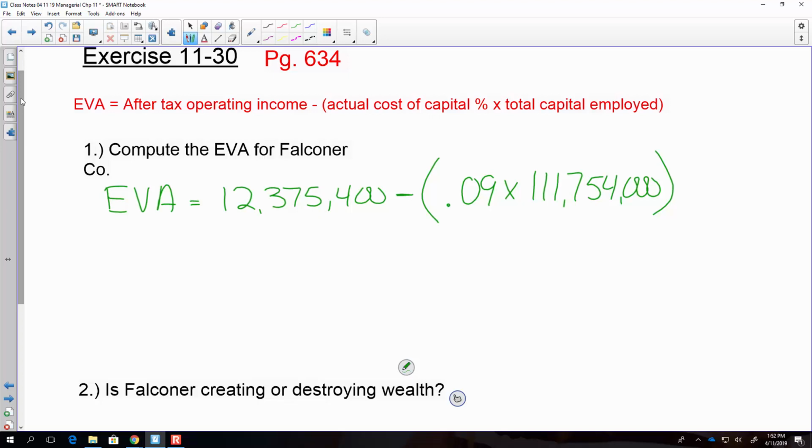So 9% of 111,754,000 is about 10 million. I'm going to write this number down again and subtract the 10,057,860.